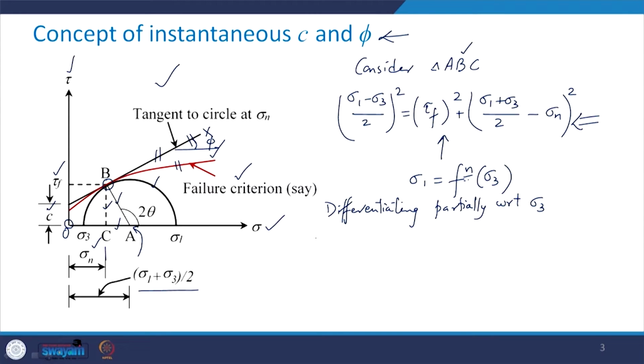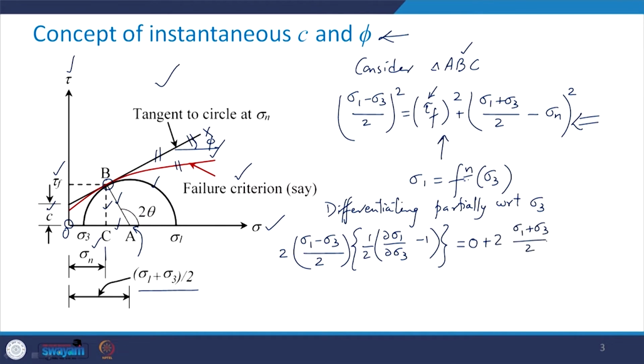What we are going to get is 2 times (sigma 1 minus sigma 3 upon 2) times (half del sigma 1 by del sigma 3 minus 1), because this is tau f square, so no sigma 3 term is there, so this is going to be equal to 0, plus 2 times (sigma 1 plus sigma 3 upon 2 minus sigma n) times (half del sigma 1 by del sigma 3 plus 1) minus 0.